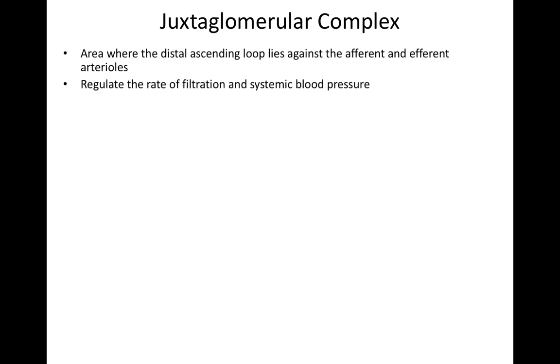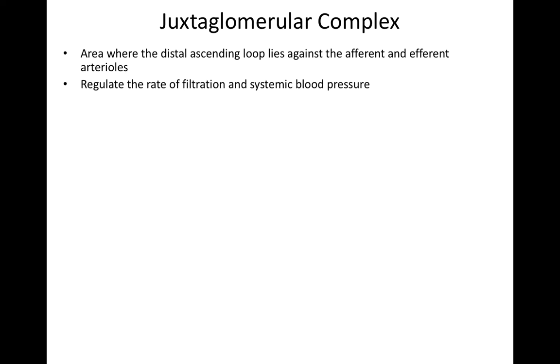Last thing to talk about anatomically is what's called the juxtaglomerular complex. This is an area where the distal ascending loop, so basically the far end of the loop as it comes back up into the cortex, is going to lie right up against the afferent and efferent arterioles of that nephron.